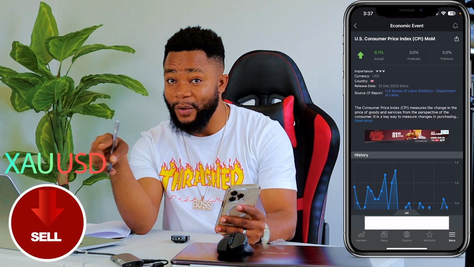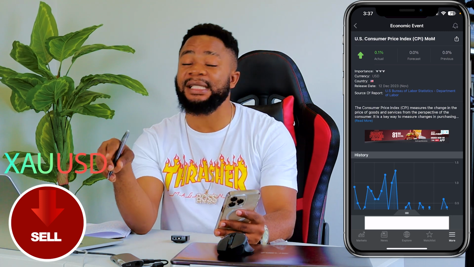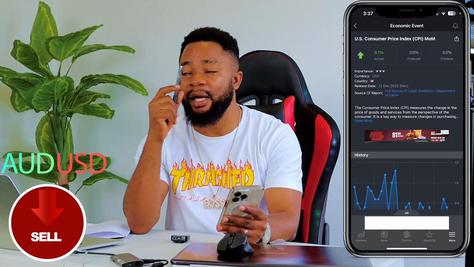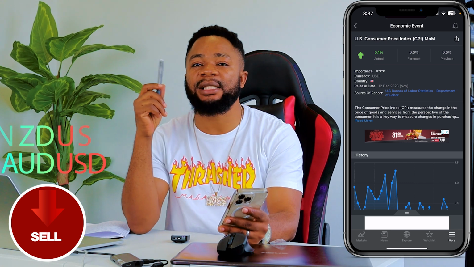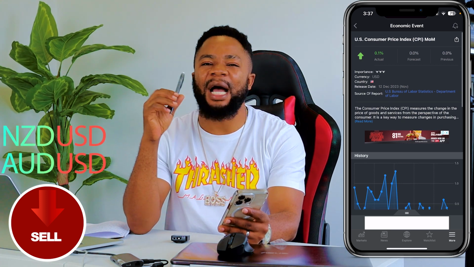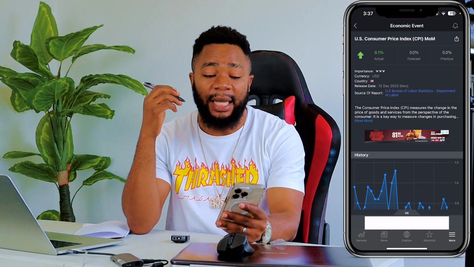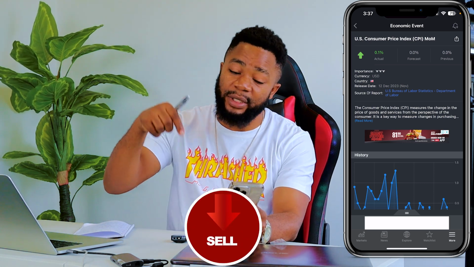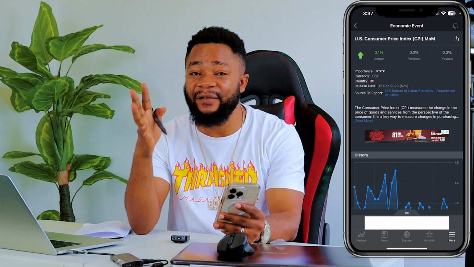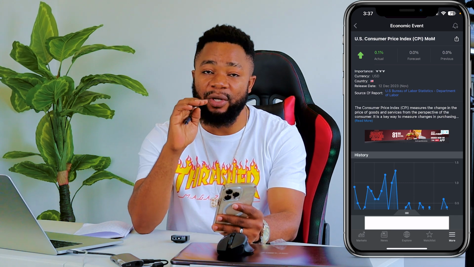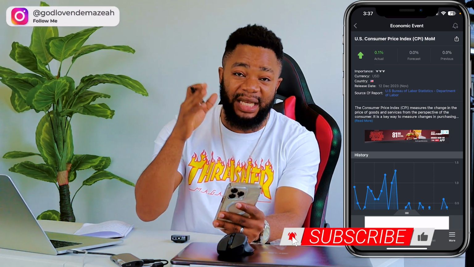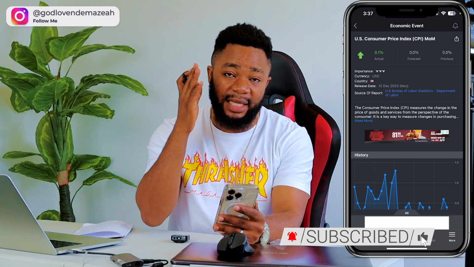You can see USD is the secondary or quote currency on that pair. You have pairs like AUD USD, NZD USD, and the list goes on and on. Any currency pair that has the United States dollar as the secondary currency will go down because it has an inverse relationship with the United States dollar, since the data is green.